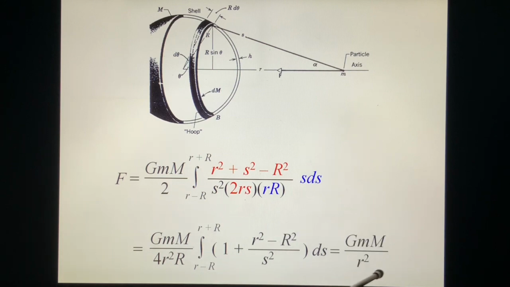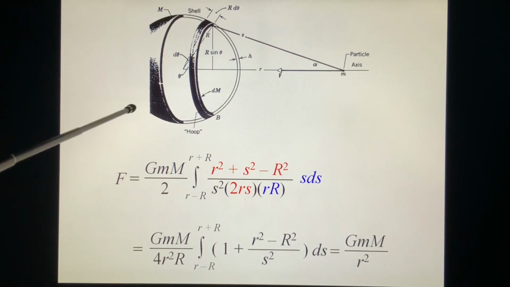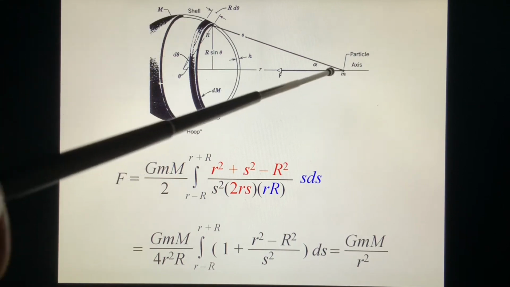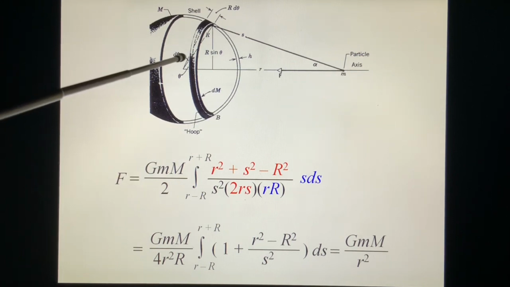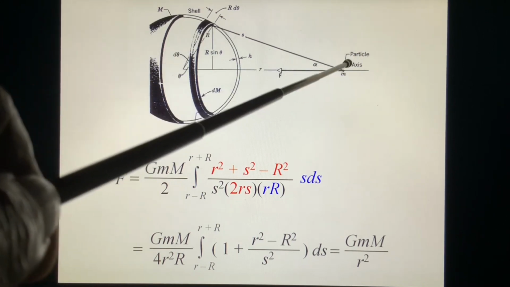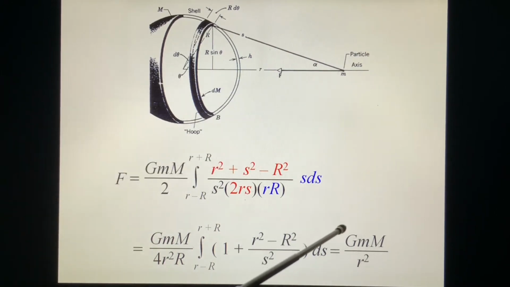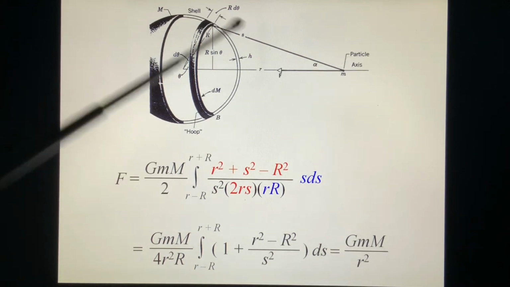This result means the gravitation force from this uniform spherical shell is equal to what we would get if we concentrate all the mass of the shell at the center: GmM over r squared. That's the first part of Newton's shell theorem. We proved it.